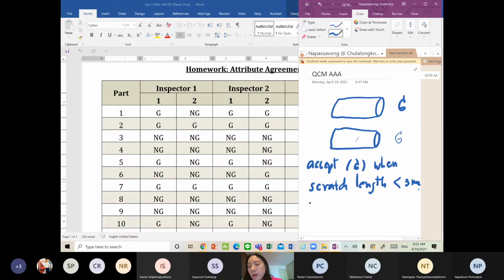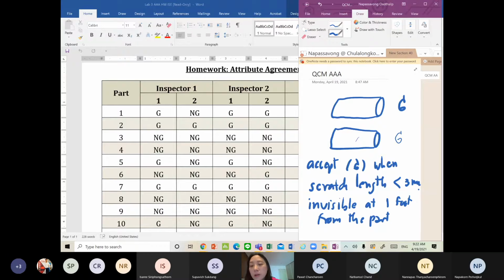So if they look at the part from a distance of 1 foot and cannot detect this defect because it's very thin and very short, they accept this defect. So we have to write it down that this type of defect is G also.